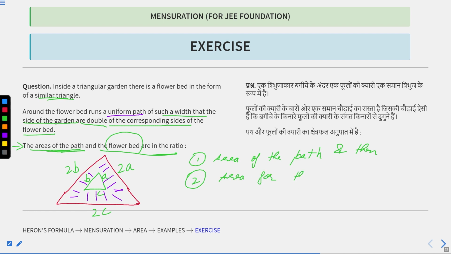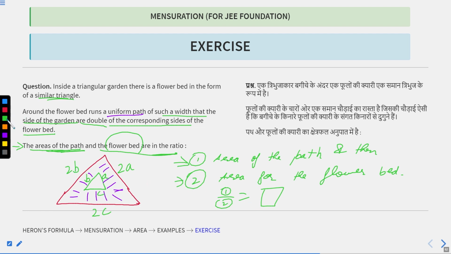Then whatever the answer for this is, and whatever the answer of this is, we just divide, and we will get our ratio. I hope this is clear.